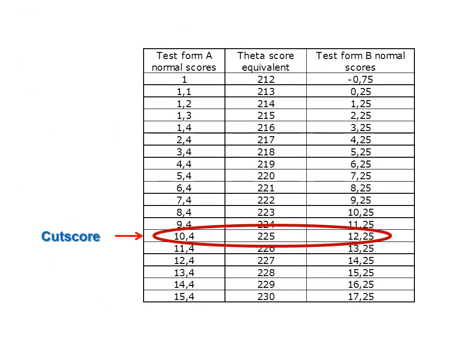Just to give a clearer example of what I mean, here we have the cut score of the original test. Because we calibrate the items together from both forms, we can estimate the equivalent of these original scores in theta scores, and then we can use this theta score equivalent of the norm of the original test as the equivalent in raw answers, for example, or formula scores in the second version.